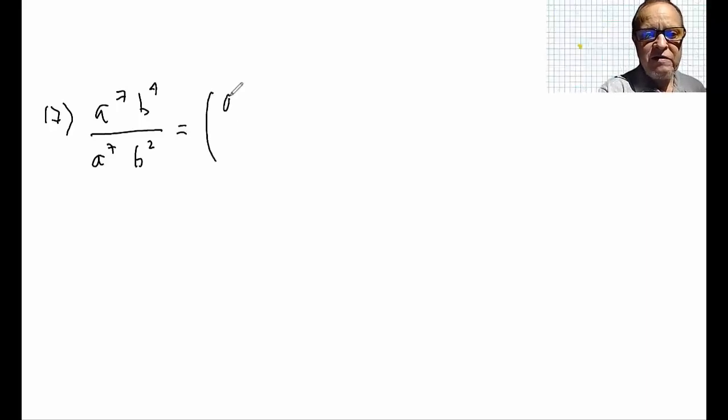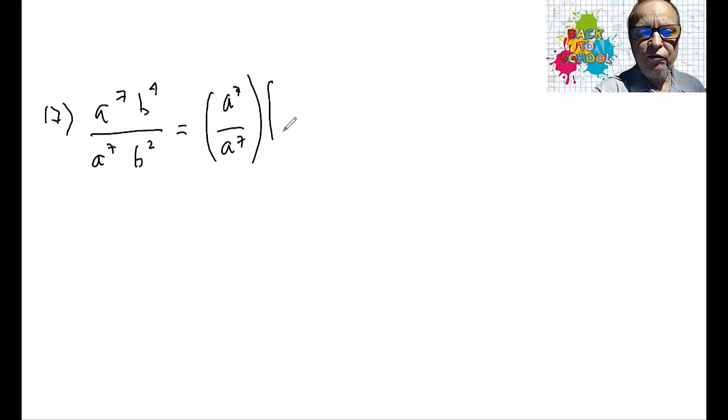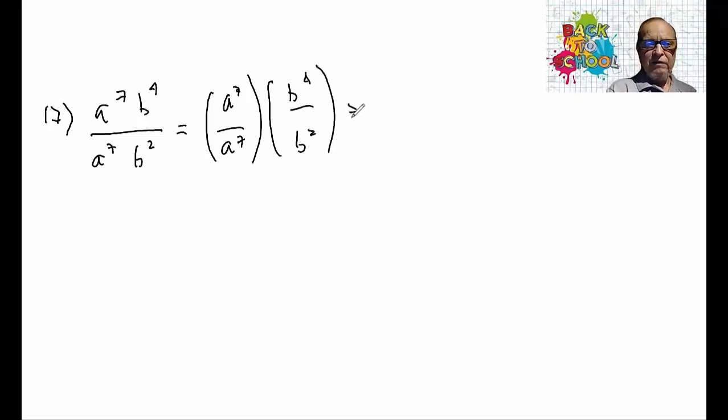So as usual, I'll put my a's in one bracket, a to the 7th, a to the 7th, and I'll put my b's in another bracket, b to the 4th, b squared, and then I will use my quotient rule.